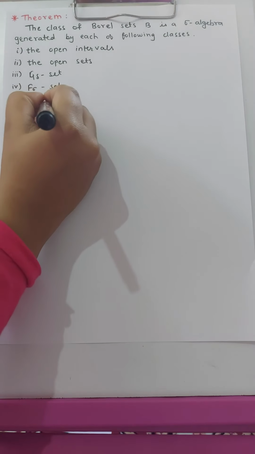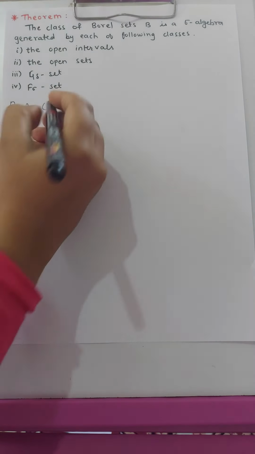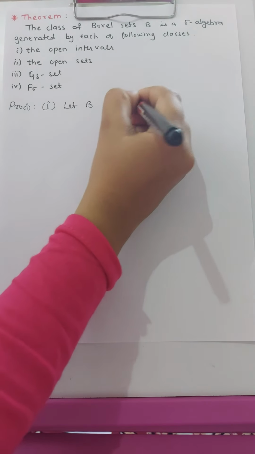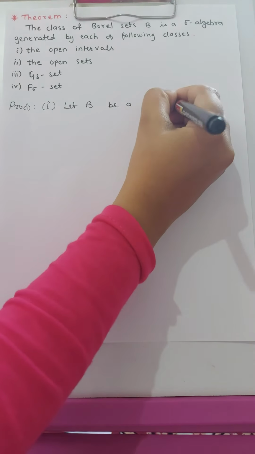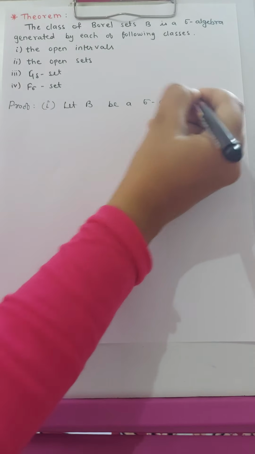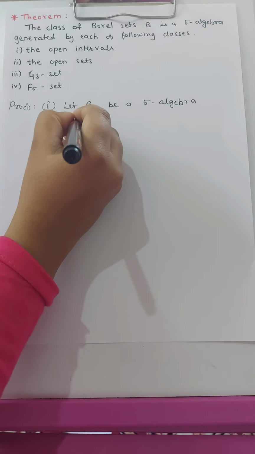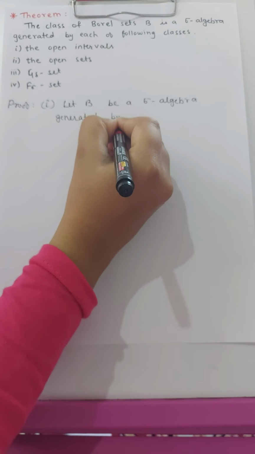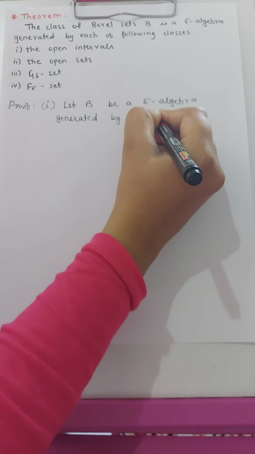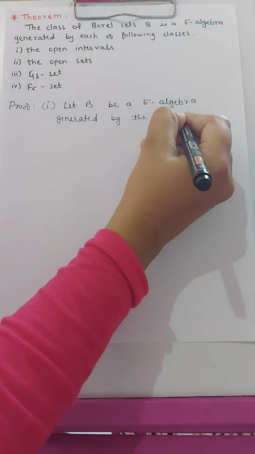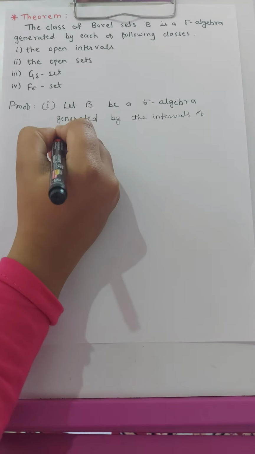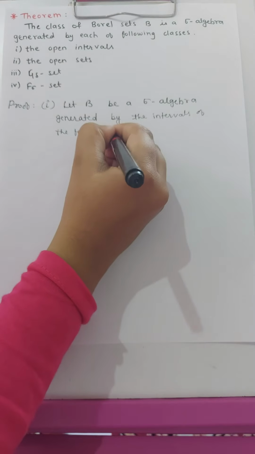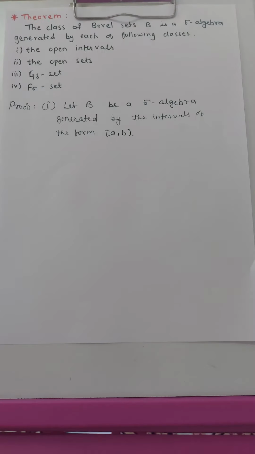First, let B be a sigma algebra generated by the intervals of the form (a, b].